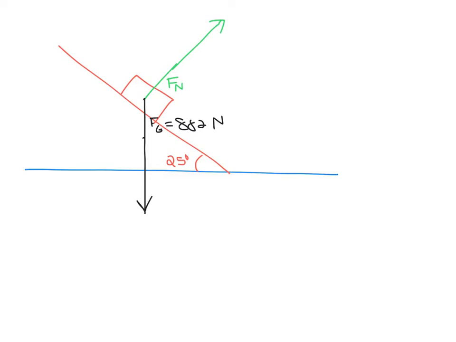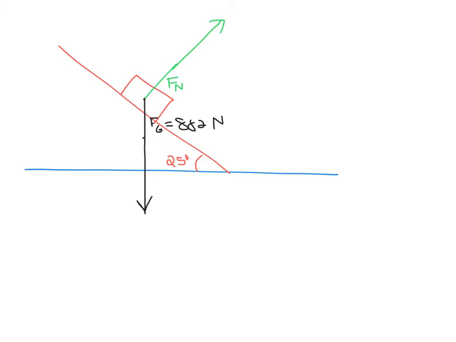So this problem is kind of similar to things that we've done in the past where we break things up into horizontal and vertical components. However, I want you to notice that we already have a vertical component, and we're actually trying to find something that is not vertical, our normal force.